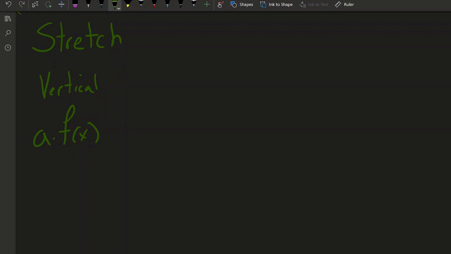So if I wanted a vertical stretch by a factor of a, I would just multiply the whole thing by a, multiply the output by a. But if I want a horizontal stretch, that means I'm going to have f of x, and then right here, I'm going to multiply by another value. I'm going to multiply it by b.